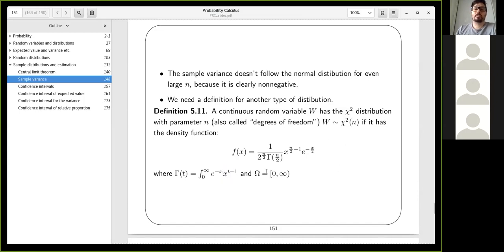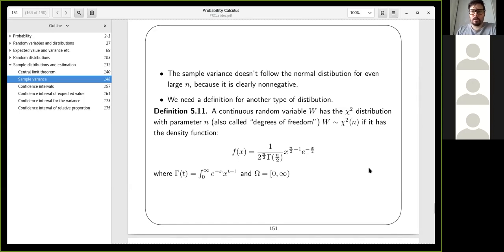It has a sample space of non-negative real numbers. If you draw a graph, which I didn't include here, it looks a little bit like the Poisson distribution's graph, but continuous, of course.